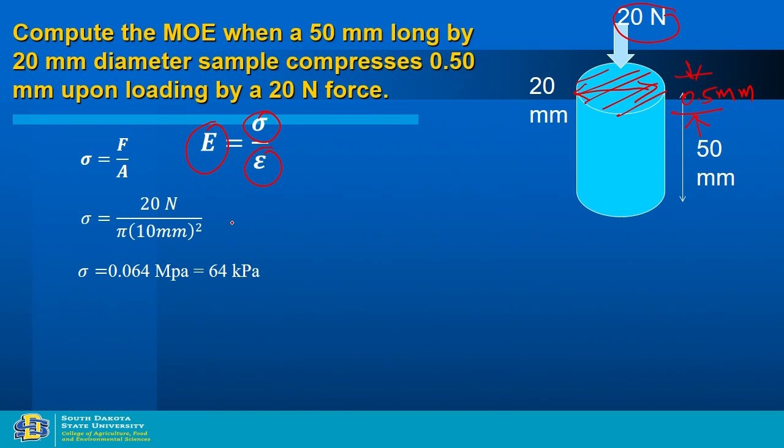So, if you use your calculator, 20 divided by 3.14 times 100 millimeter square.